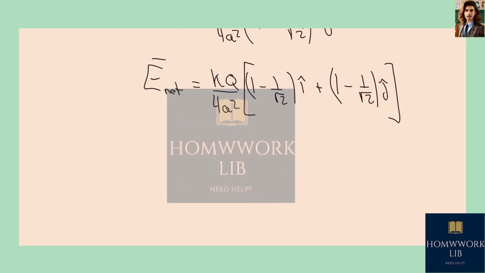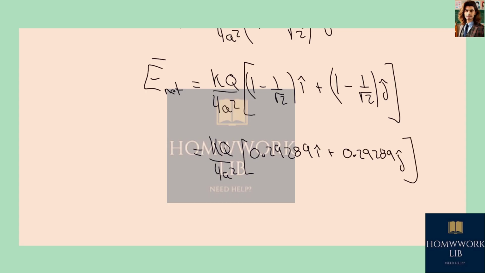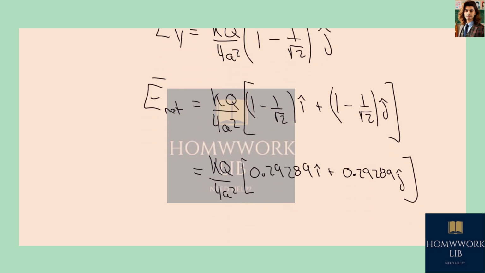Which, if you're going to put it as a number, would be kQ over 4 times a squared times 0.29289 i plus 0.29289 j. So those are both of the possible results that we have.